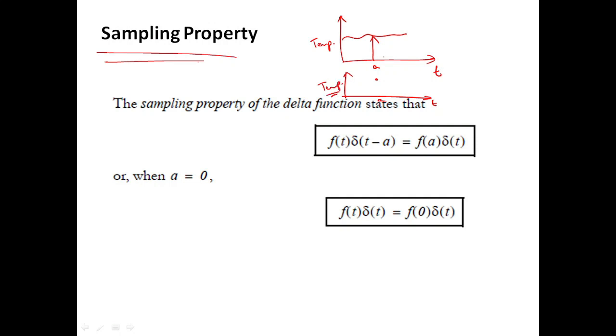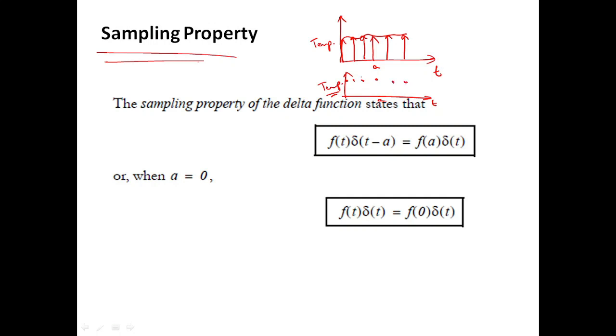When we talk about the impulse train, at discrete times you will have these amplitudes like this.